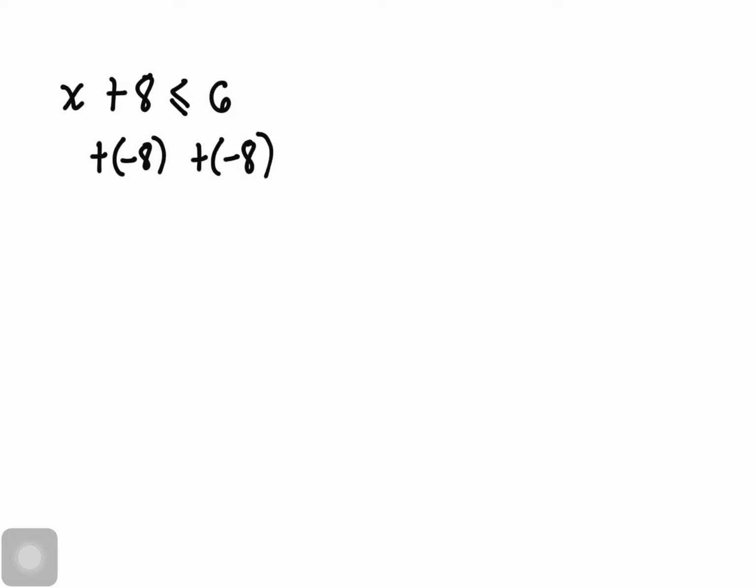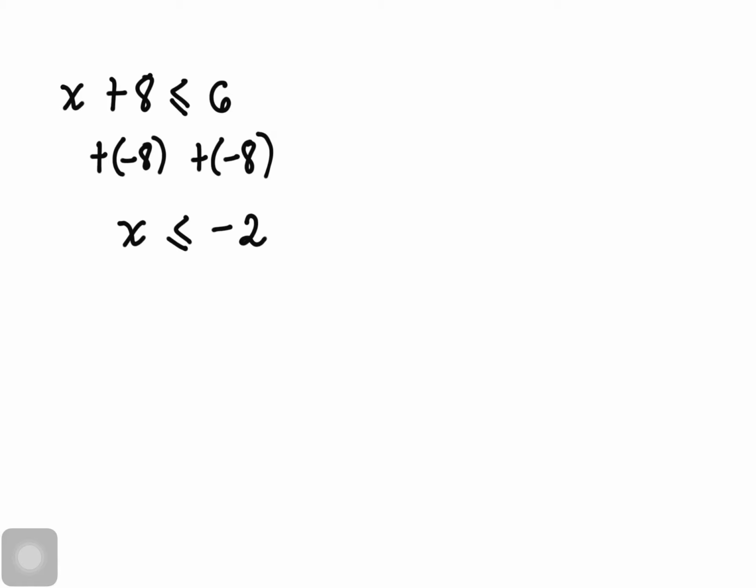So we'll end up with x is less than or equal to negative 2, which means all values less than or equal to negative 2 will satisfy our inequality statement. Now let's try choosing a number that is less than negative 2 and see if it will indeed satisfy our given inequality statement.